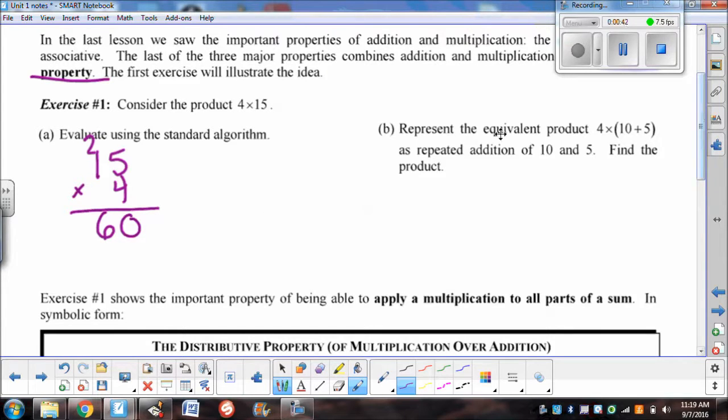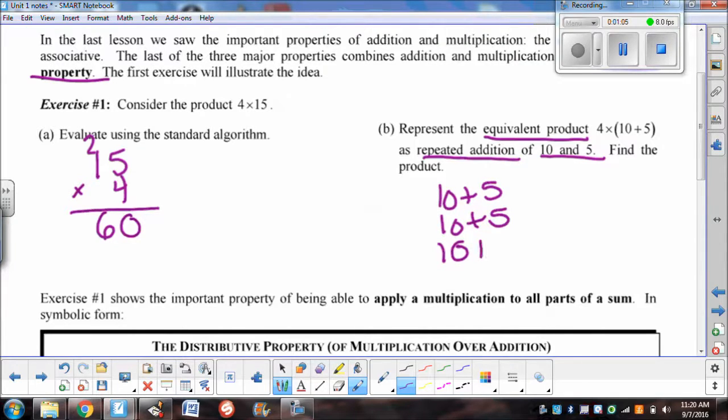Now it says represent the equivalent product of 4 times (10 plus 5) as repeated addition of 10 and 5, and find the product. So that means I want 10 plus 5, 4 times.